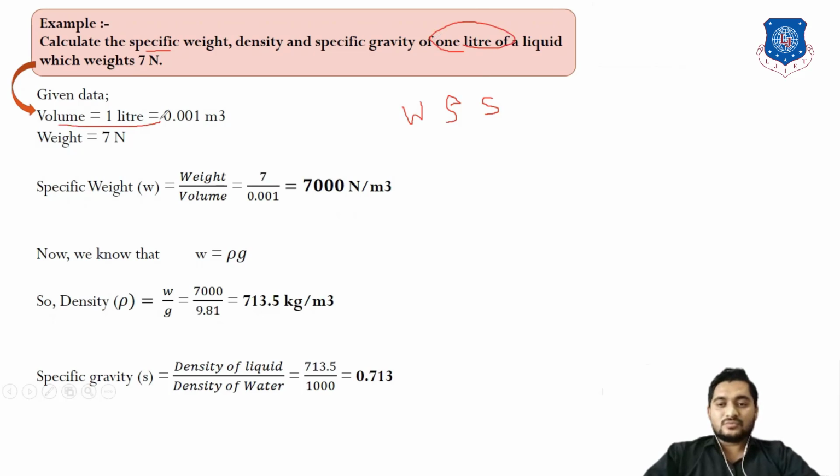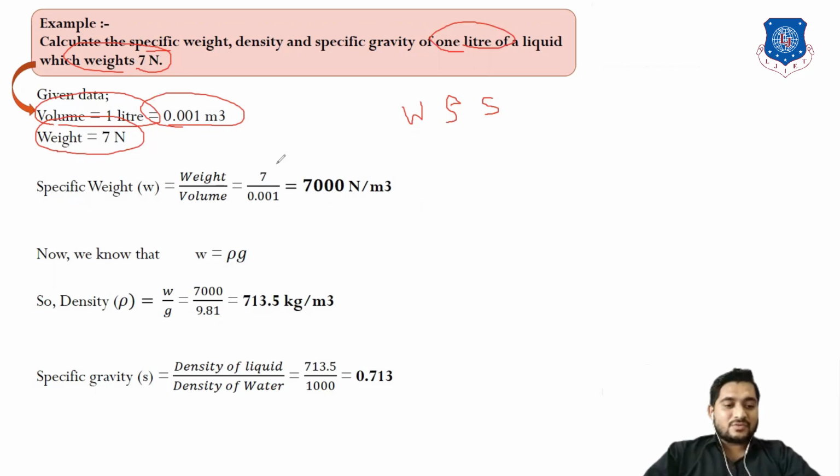So volume is equal to 1 liter. Here in fluid mechanics, we only consider data in SI units. So 1 liter is equal to 1 divided by 1000 meter cube, so 0.001 meter cube volume, which weighs 7 Newton. So weight is equal to 7 Newton.